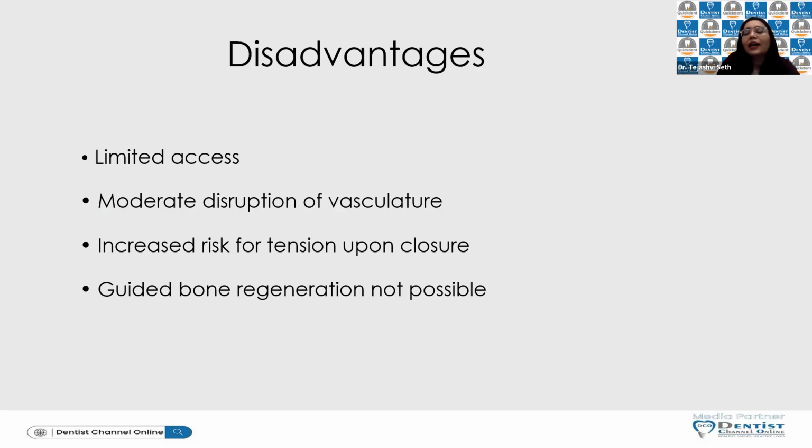So in cases of guided bone regeneration, where your entire procedure depends upon how well the flap holds the graft, and how much the flap advancement is, it should be very tension free, absolutely very passive. So in cases of envelope flap, you might not get that kind of passivity of flap that we look for if you are looking for any augmentative procedures.